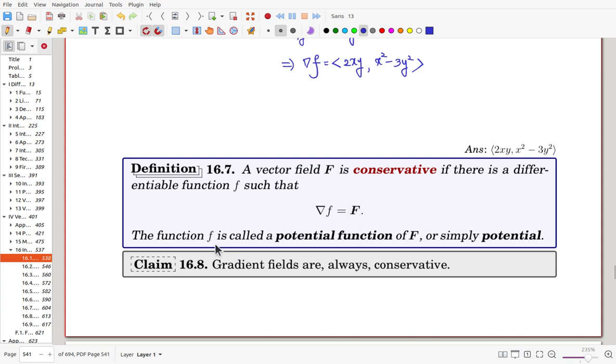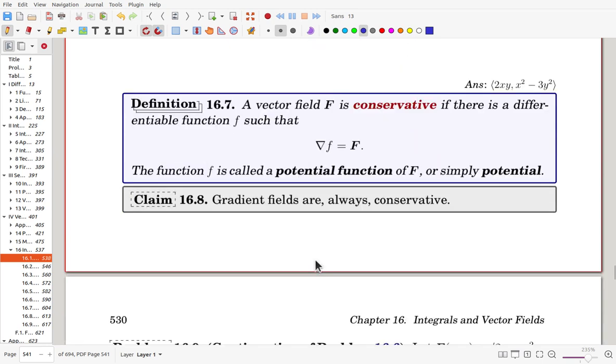In this case, the little f is called the potential function, or simply the potential. So the gradient vector field is always conservative because it's made from f. So that must always be conservative, right?